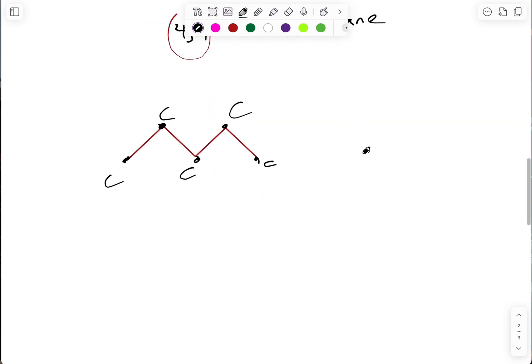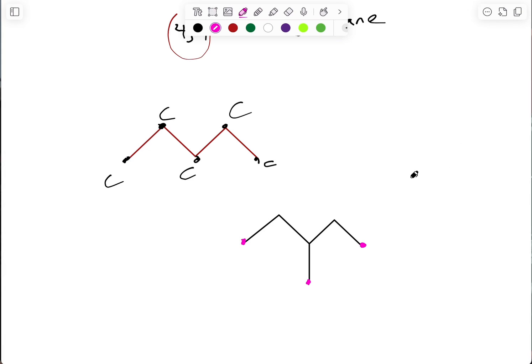So what if you now have something of this nature? You have this, this, this, and then let's say you have something here. How many carbons do we have here? Let's count the number of ends. 1, 2, 3.